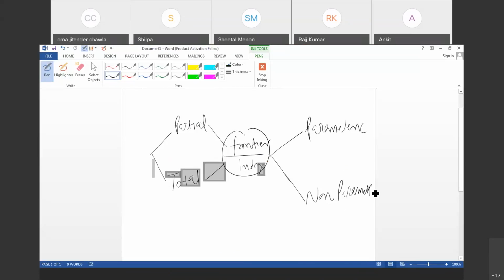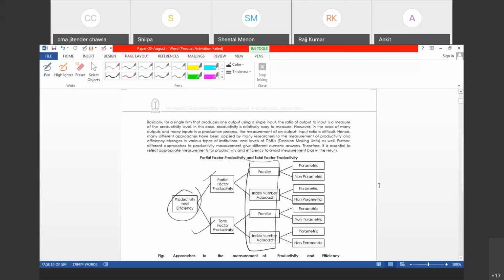Now, I want to make clear about this. What do you mean by frontier? It is written, and I really appreciate that the institute has given a beautiful diagram so students can understand it very easily. What do you mean by index number approach and frontier approach? Frontier approach means you prepare a diagram, and out of the diagram, you find the best solutions. When preparing the diagram, you may use mathematical or non-mathematical models.